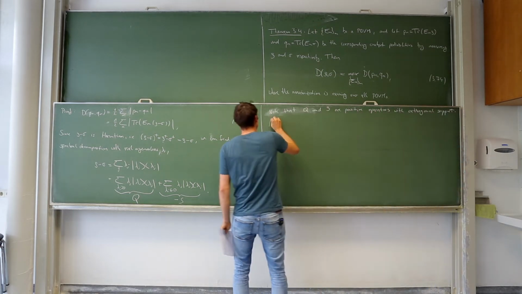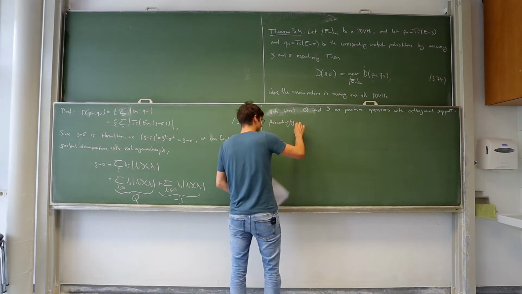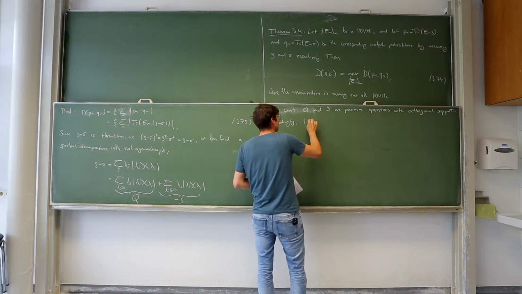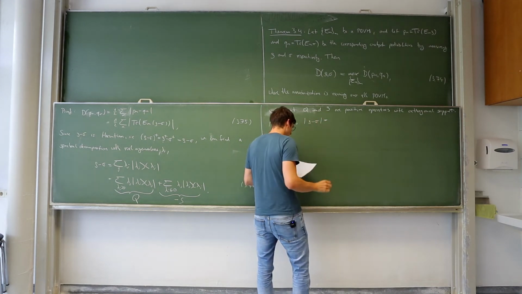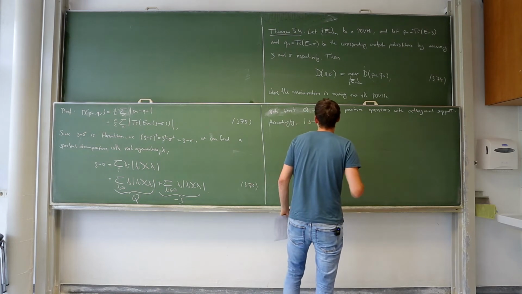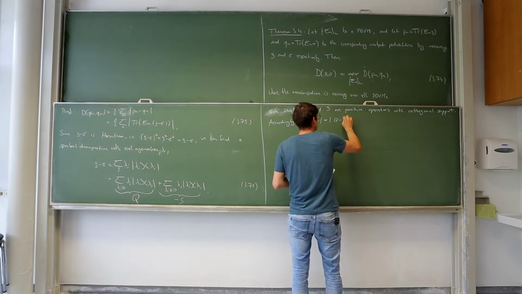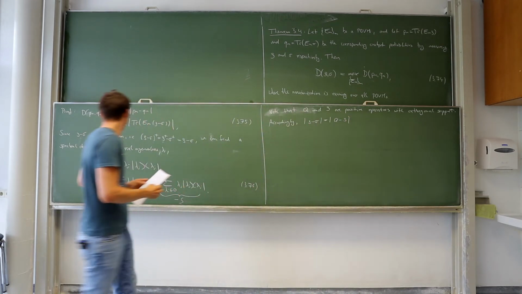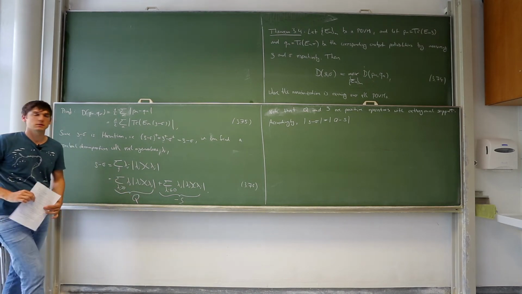And accordingly, we have that the modulus of rho minus sigma is equal to the modulus of Q minus S. Okay, this is what's standing here. So we have rho minus sigma being Q minus S, right?